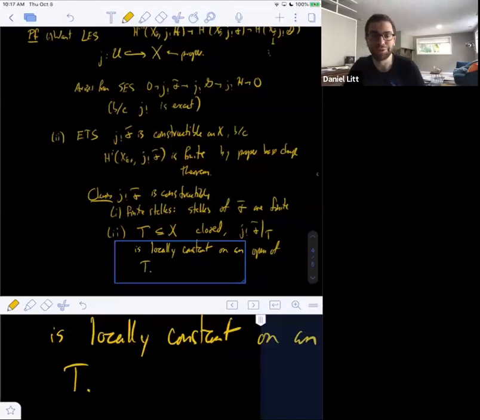So you're going to have to use that this was already true on U, right? Well, so let's intersect T with U. If that's not empty, then that intersection is an open subset of T, which is closed in U, and thus it has an open subset on which F is locally constant, and so we can use that one. So that's fine. We win as long as T has non-empty intersection with U. Now, if T has empty intersection with U, then j_!F restricted to T is 0, and so we're done.